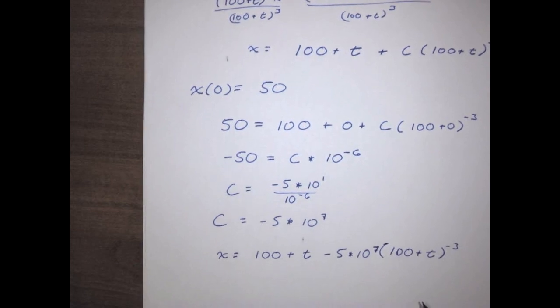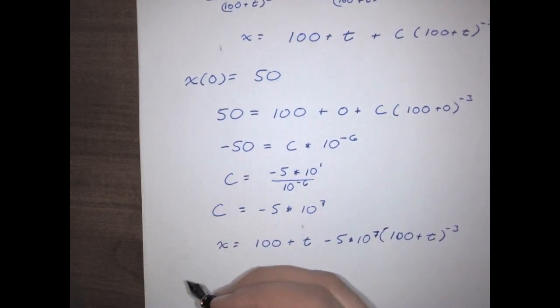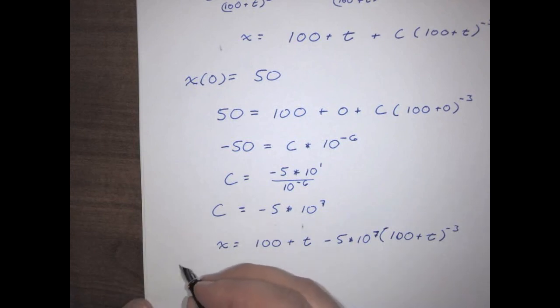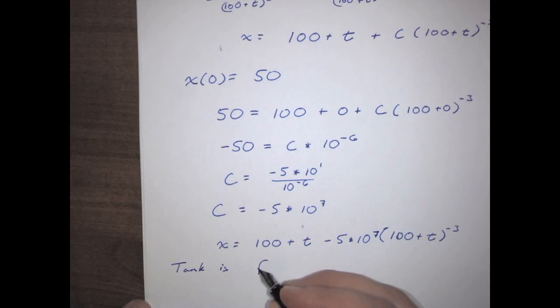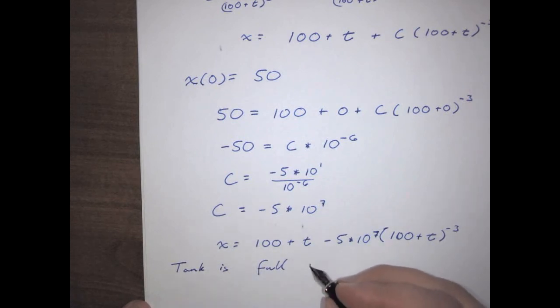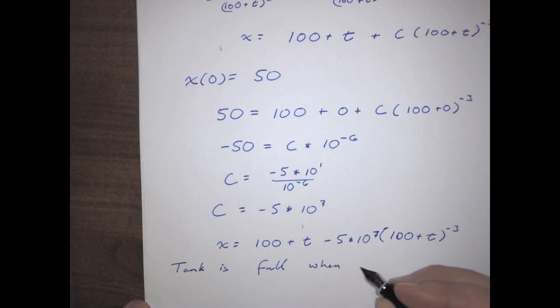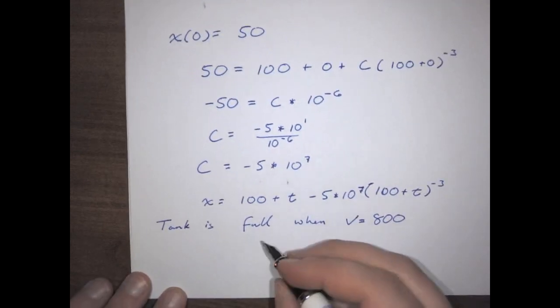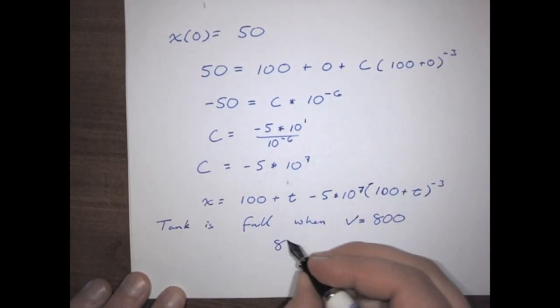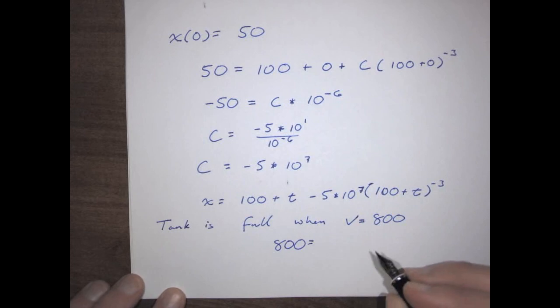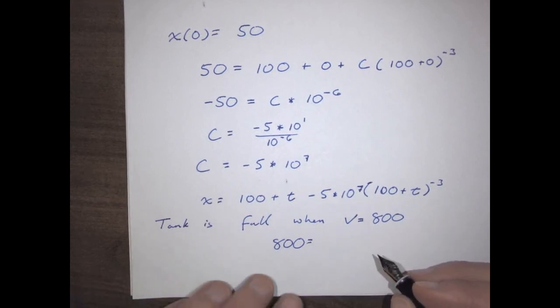And now, if we want to figure out what the volume of the tank is going to be once the tank is full, the tank is full when V equals 800, which means, in other words, that 800 is going to equal, what was the initial one?